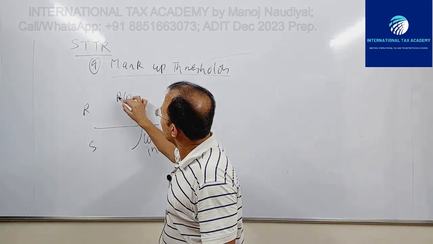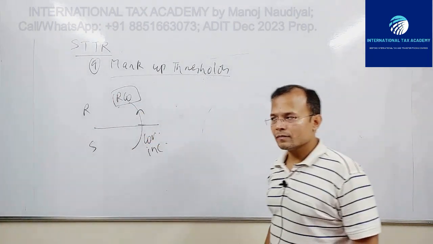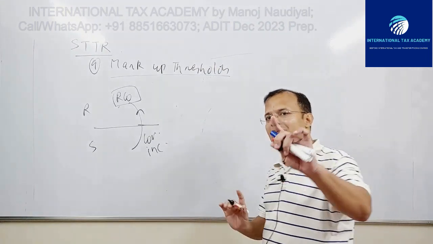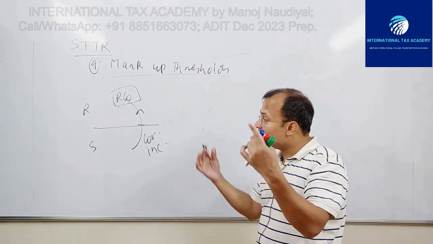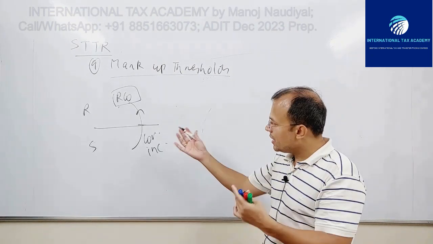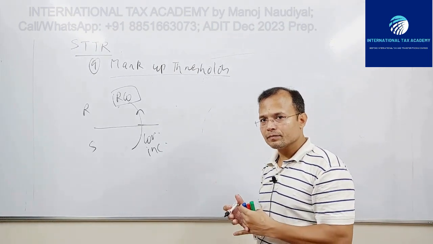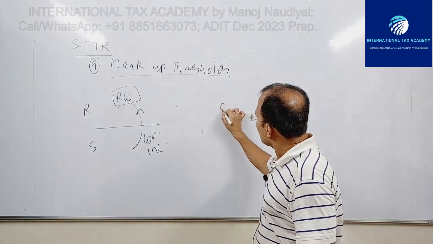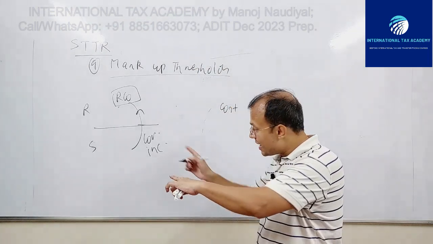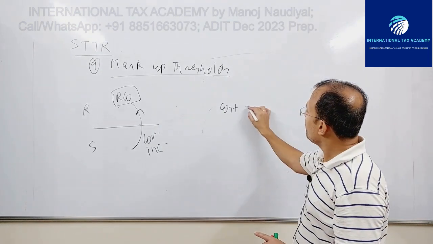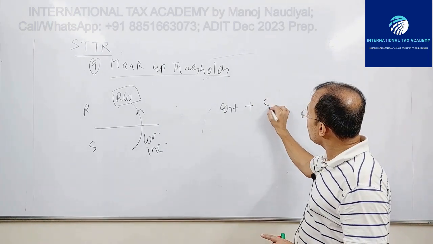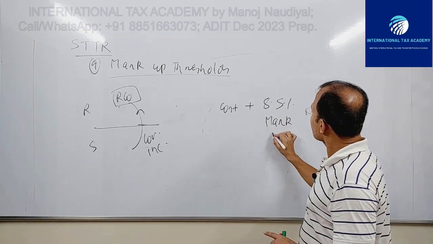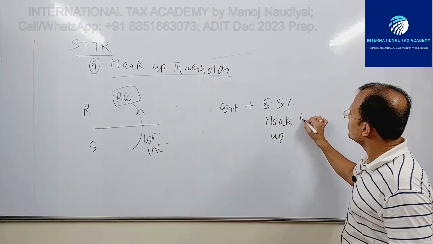ARCO is the receiver. If ARCO has incurred certain costs in earning this income, cost plus 8.5% markup on cost.